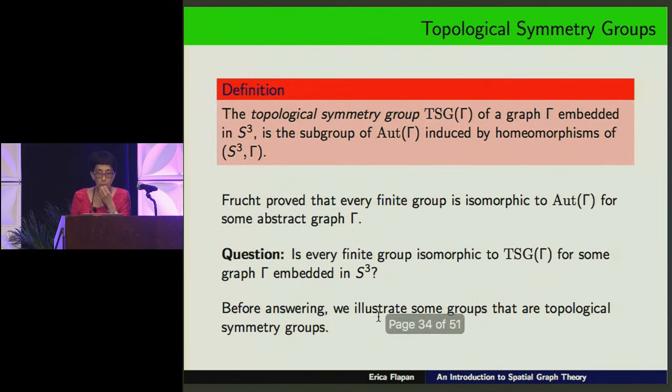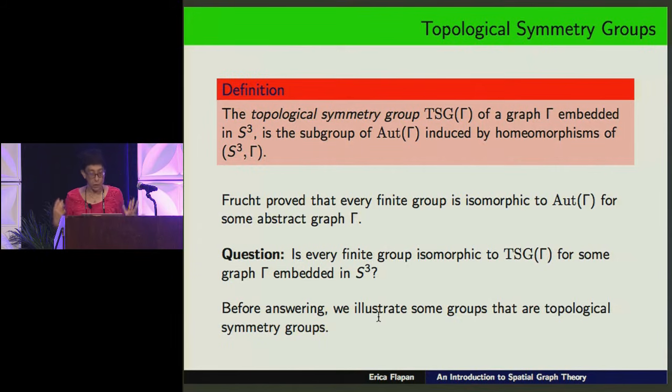So we can define the topological symmetry group for any graph in S3, it doesn't have to be a molecular graph, and it's going to be the subgroup of the automorphism group induced by homeomorphisms, and I write this pair (S3, gamma) to mean that the homeomorphism takes S3 to itself and takes the graph in S3 to itself.